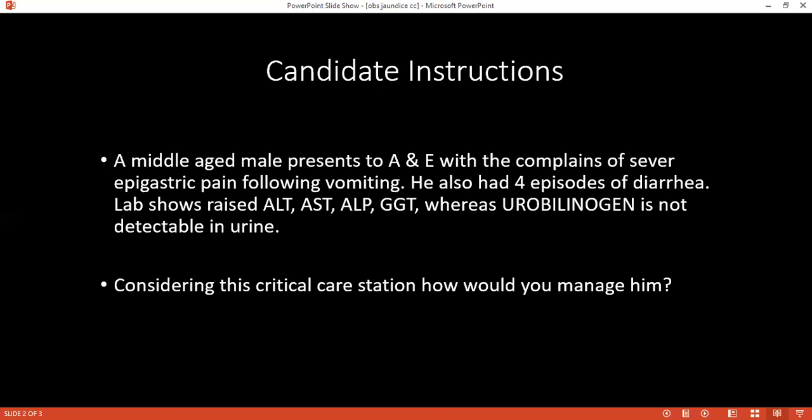It is important for the synthesis of clotting factors 2, 7, 9 and 10. Other than vitamin K, what else can you give to correct the clotting abnormality? I can give fresh frozen plasma.